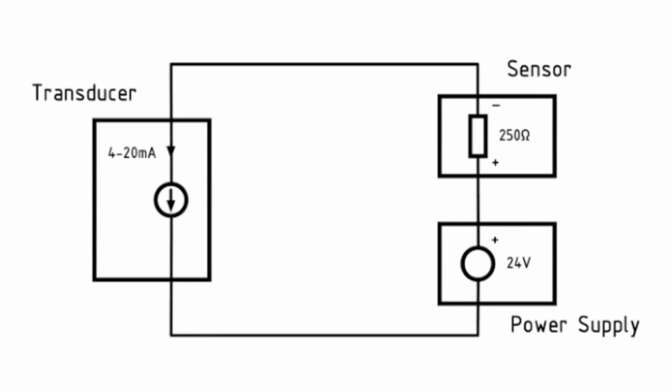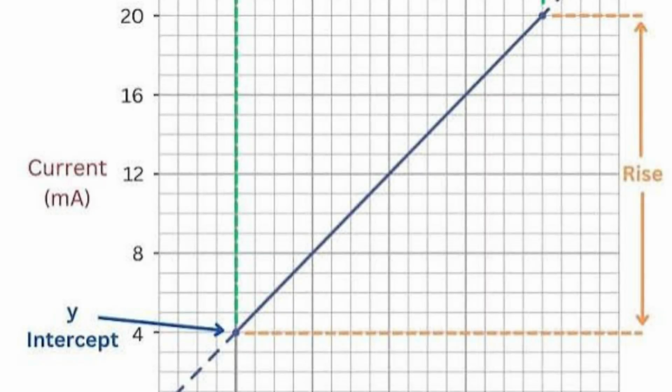The main reason is the live zero concept in a 4-20 milliamp loop. 4 milliamps represents the minimum process value and confirms that the transmitter is powered and working properly. And 20 milliamps represents the maximum or full scale measurement value.